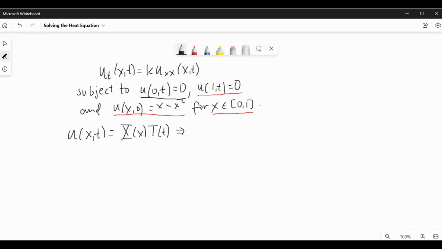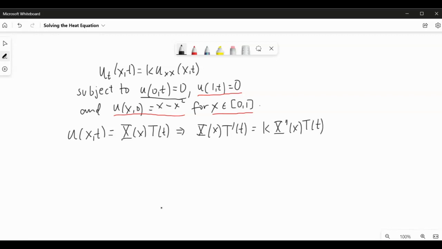And if we substitute this into our partial differential equation, we will get capital X of x times capital T prime of t equal to k times capital X double prime of x times capital T of t.